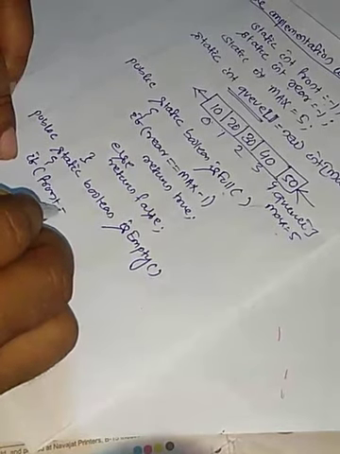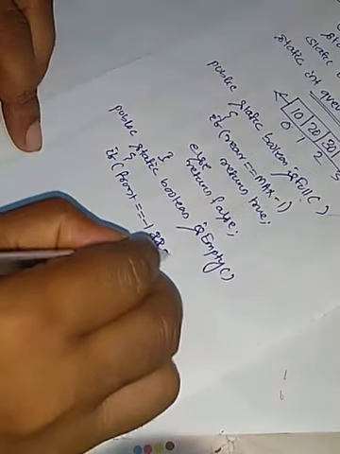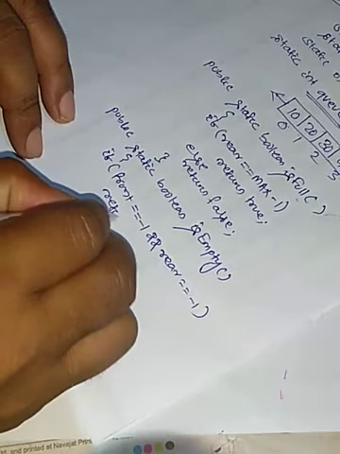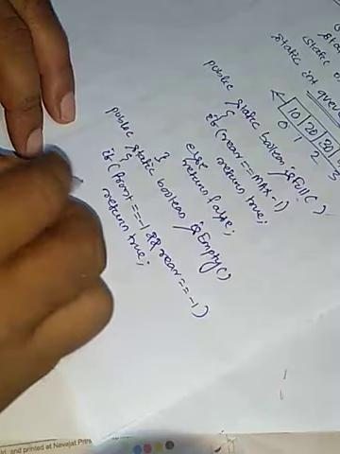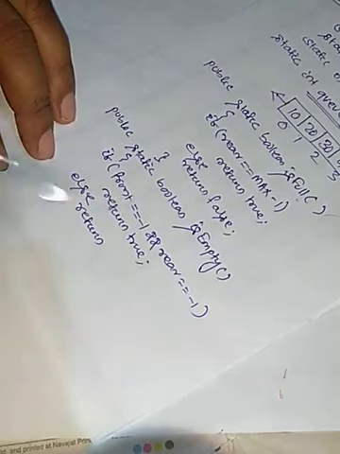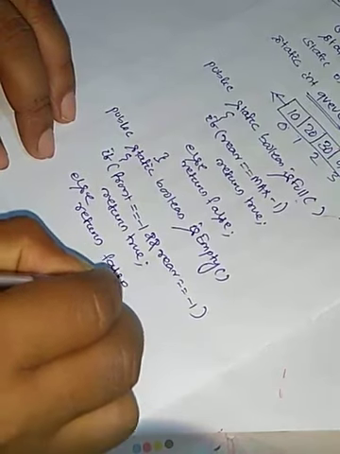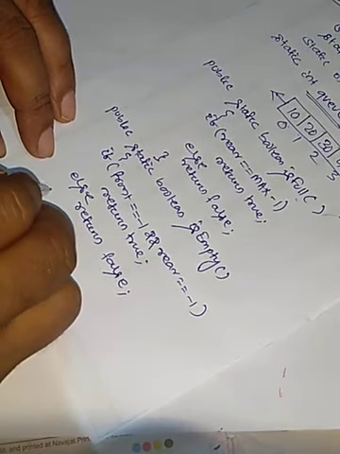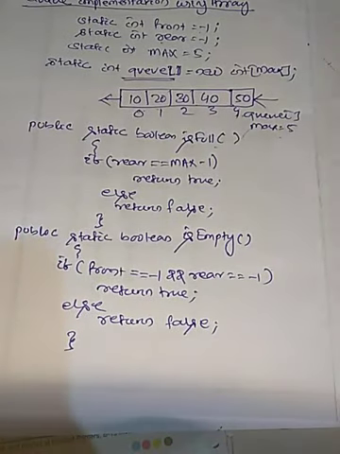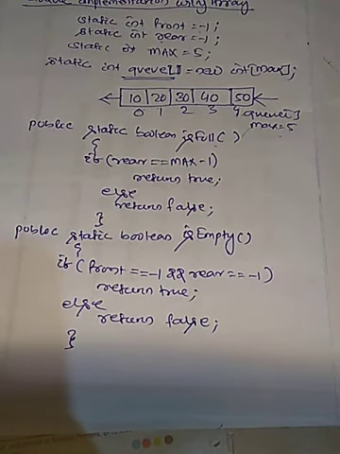If front equal to -1 and rear equal to -1, then return true, else return false. So this is how we check whether the queue is empty or full. Front equal to -1, rear equal to -1 means it will return true for the method isEmpty.